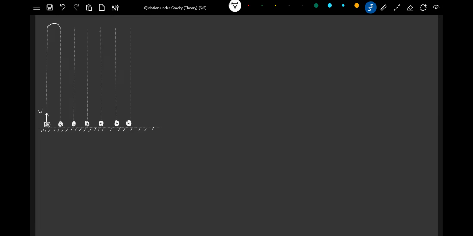So here it will be again projected. Again it will retrace the path. And this will be a better diagram.